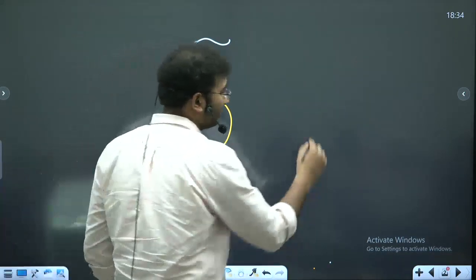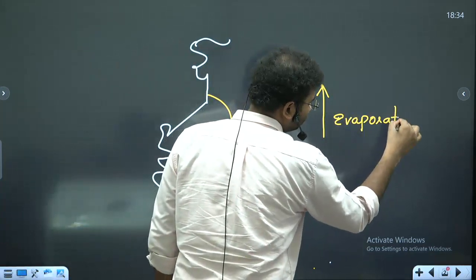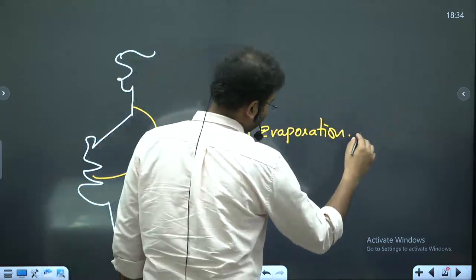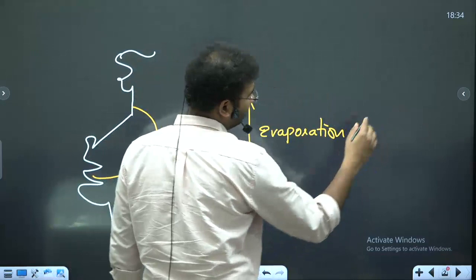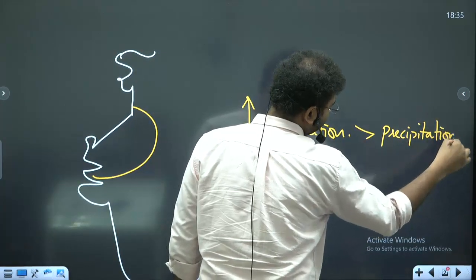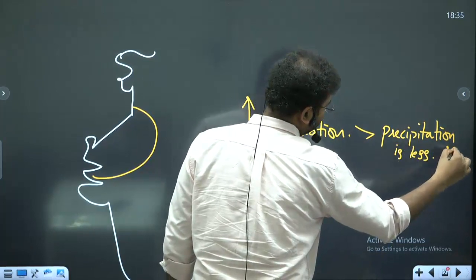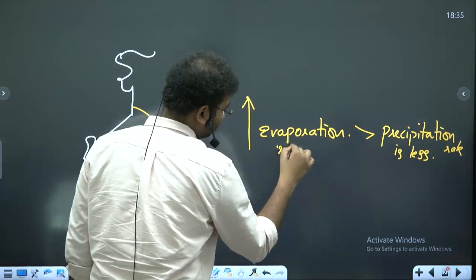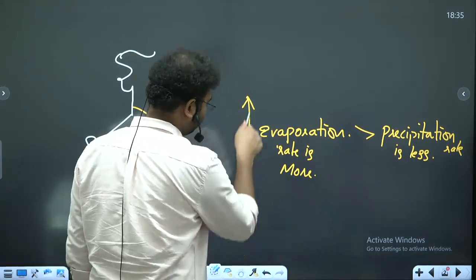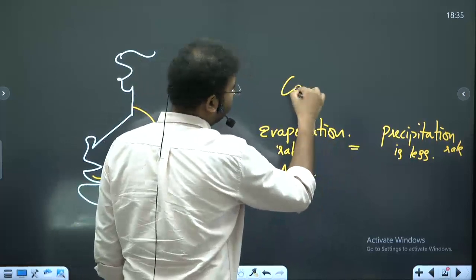Where the rate of evaporation is more. This is called capillary action.